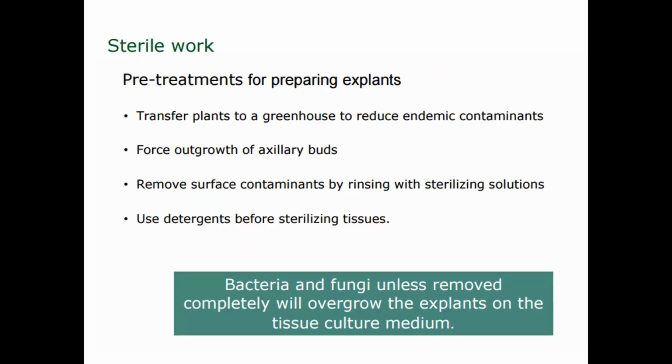So sterile work, actually how we make things sterile: because you collect the explant from the naturally grown plant, and then you must clean it and make it free from microorganisms.